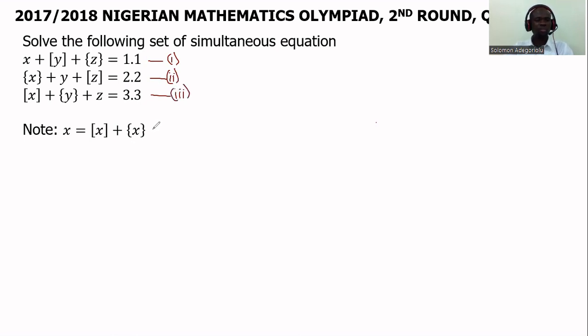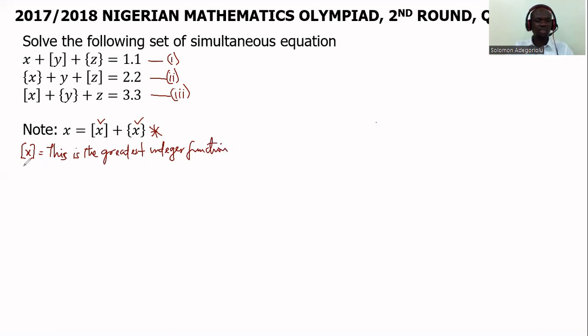Then we have something very important here, which we have to note: the addition of this and this is equal to x. How do we define this? That's the first thing we need to do. Let's state that this is the greatest integer, the greatest integer function, or greatest integer of x.